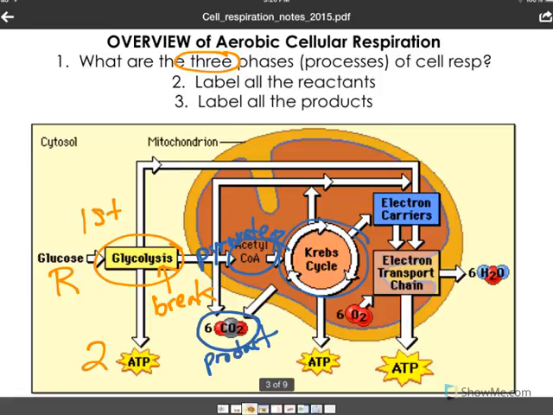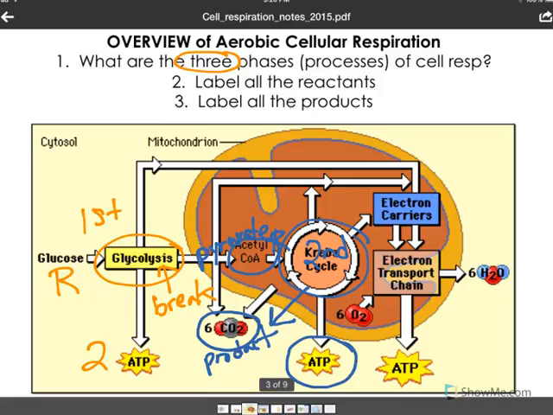So the Krebs cycle is the second phase of cellular respiration. So here we have a few more reactions going on, and what ends up happening is we produce some more carbon dioxide. So we're adding to our carbon dioxide pool here, product. So that's coming out of the Krebs cycle, but we also get more ATP as a result.